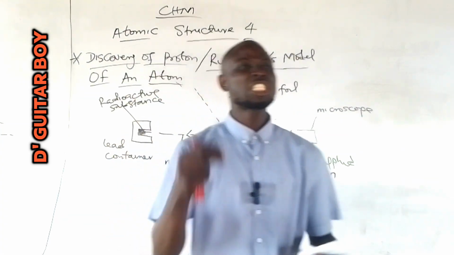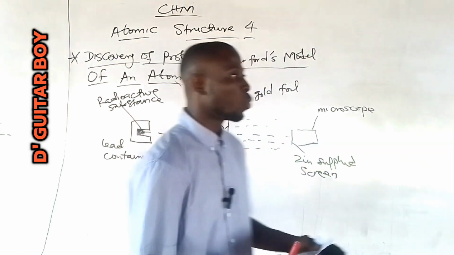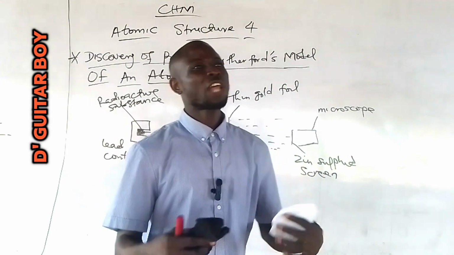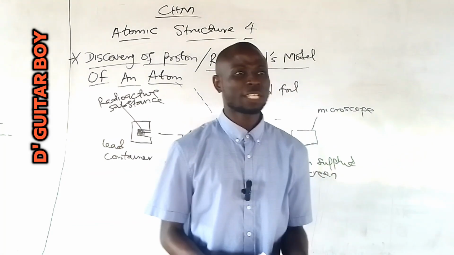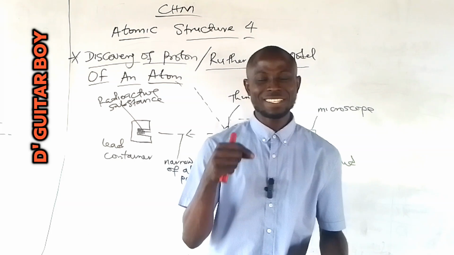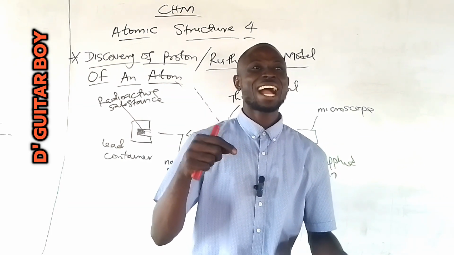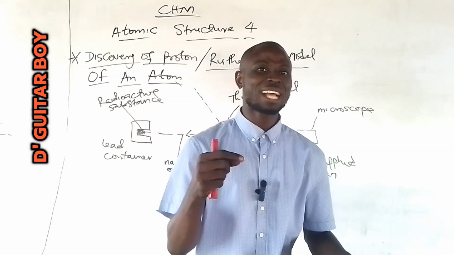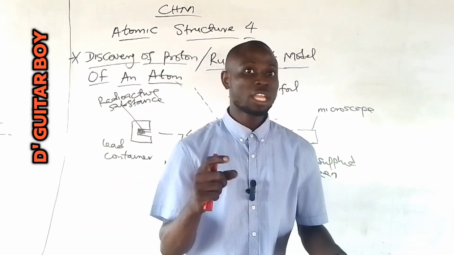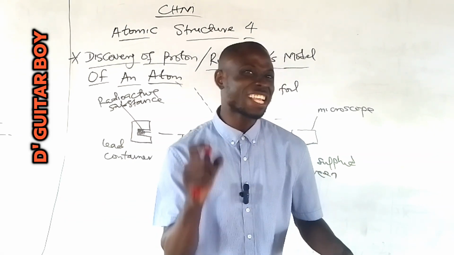And Rutherford said this must be as a result of a single collision with that substance that bounced it back. After all calculation, he said even at that, this is still not possible unless you take a system in which a high degree of its mass is concentrated at its core, at its center.